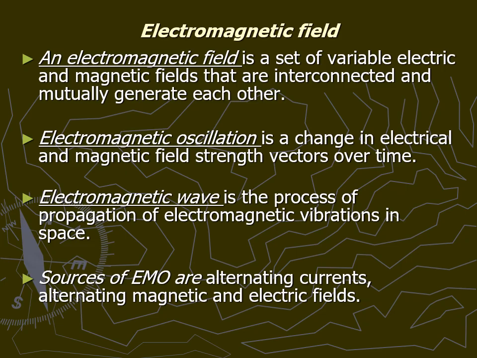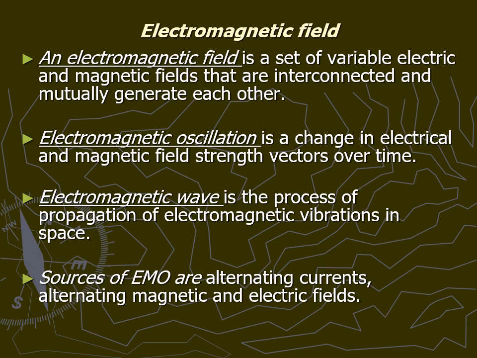There will also be the concept of electromagnetic oscillations. In other words, electromagnetic oscillations are changes in time of the electric and magnetic field strength vectors. If these oscillations propagate in space, then we are already talking about the concept of an electromagnetic wave.